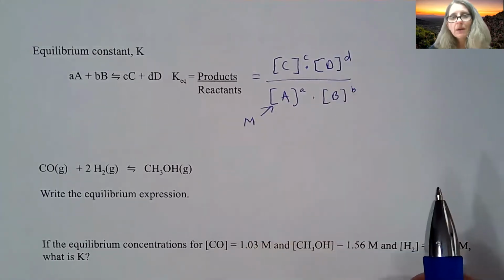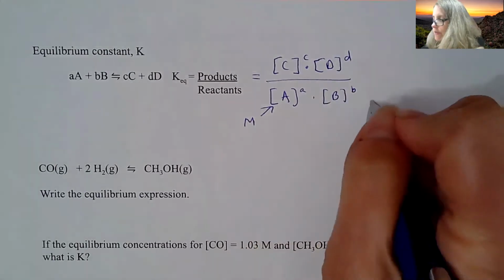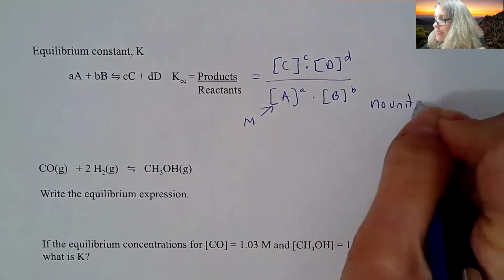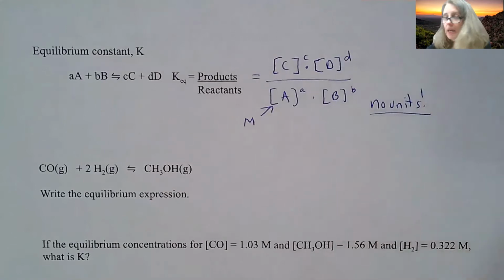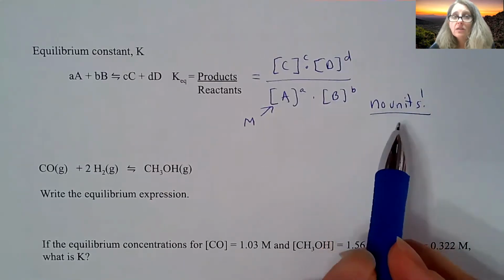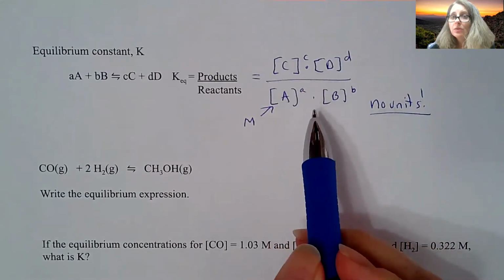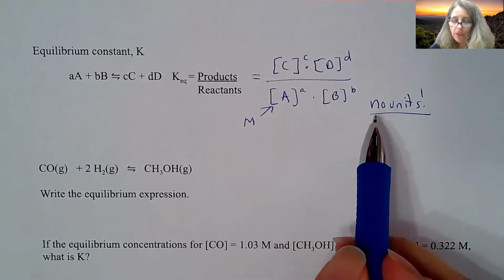What's interesting about this particular K is that there are no units for it. We did have a small k for kinetics, and it did have a unit. I don't know why you couldn't do it, but we do not have units for this.